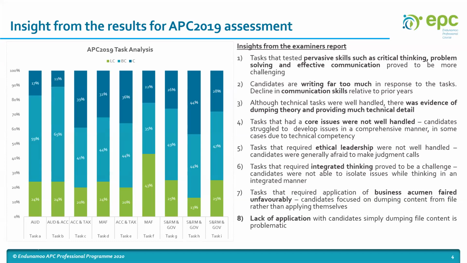It's not like candidates are just overall missing the point altogether. The examiner was saying that the majority of the candidates had a very good idea of what was required from them. But however, their responses were just not at a level where they would say that you are ready to be considered an entry-level CA.